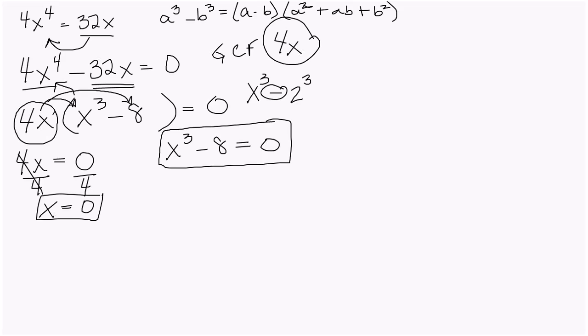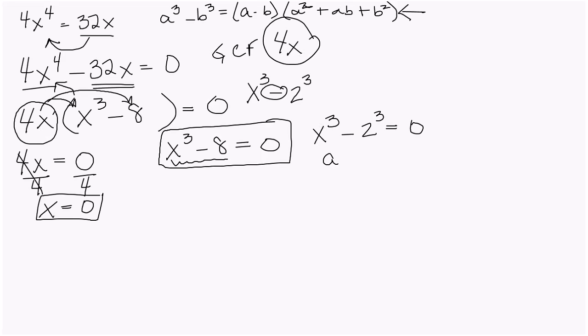So using this formula, I can factor x to the power of 3 minus 8. What I like to do is rewrite the 8 as 2 to the power of 3, just so that I can see it's in that difference of cubes form.